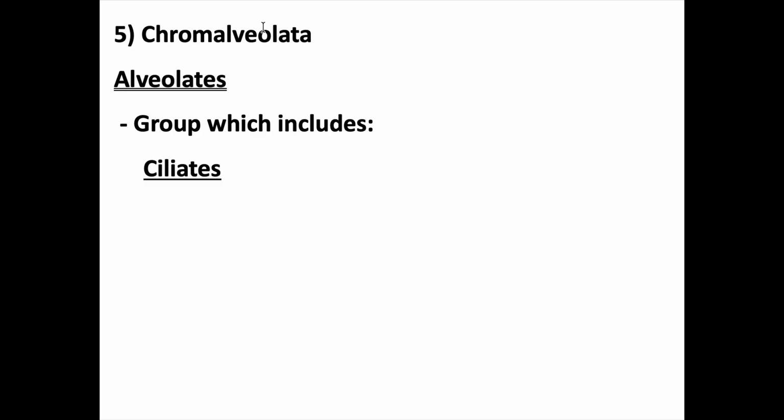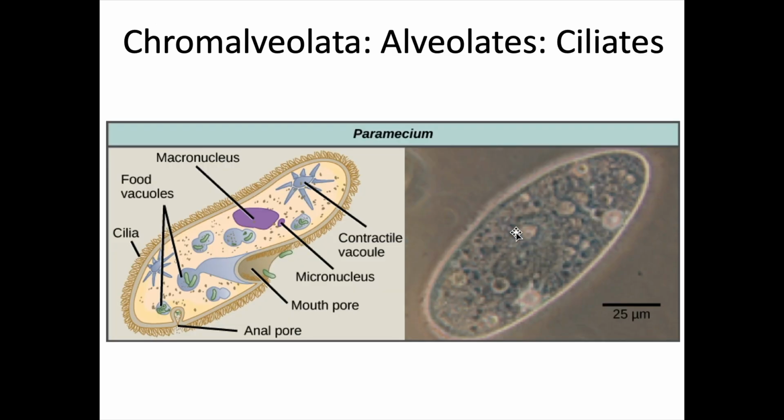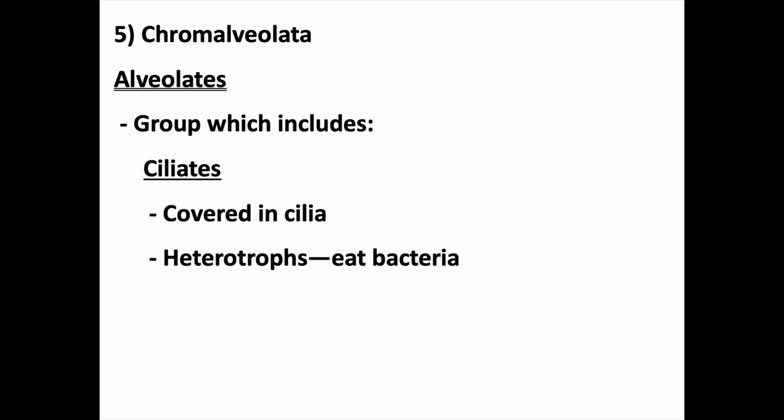Also within Chromalveolata alveolates, we have a group called ciliates. And again, the names themselves do a pretty good job of describing what they are. Ciliates, as you can imagine, are covered in cilia. They use cilia to swim around, and they're gobbling up bacteria, and not much else to say about these ciliates.